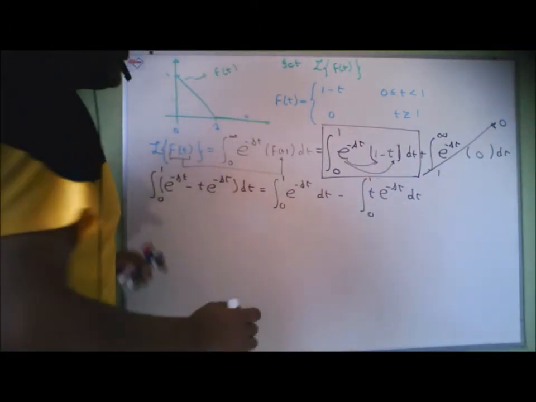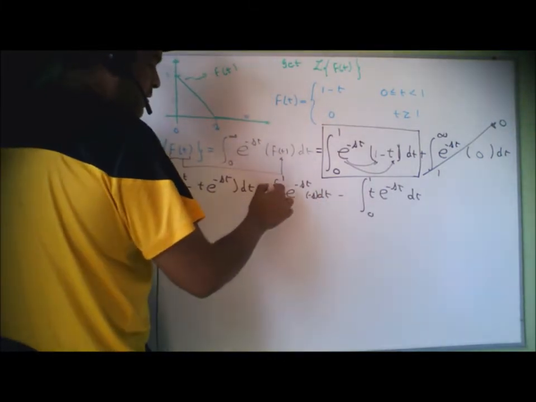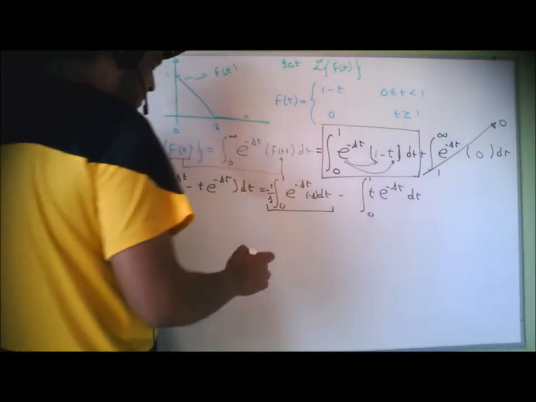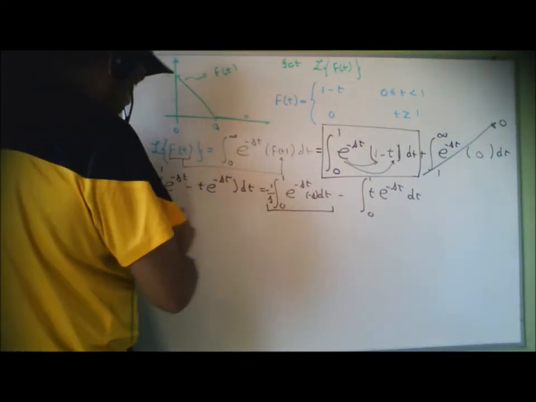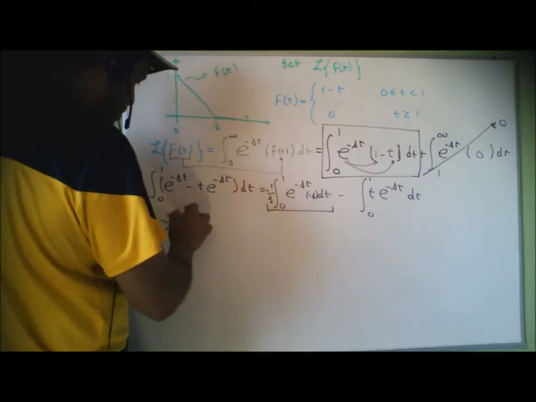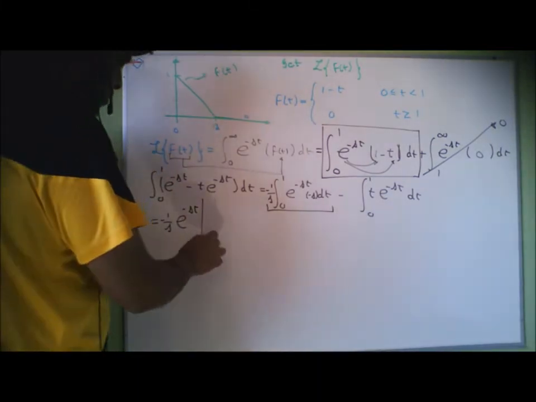This one is very easy, we just complete the integral with minus 1 over s. The result is minus 1 over s e to the minus st, and we still have to evaluate from 0 to 1.